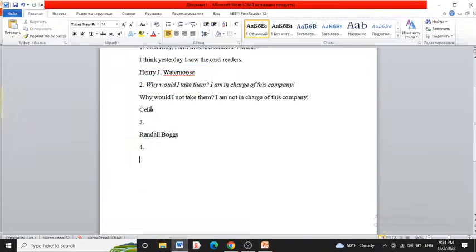Do it manually. Then the numbering system has got to be 3, 4, 5.